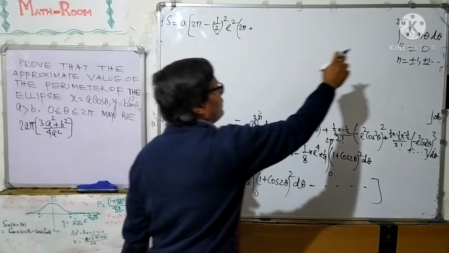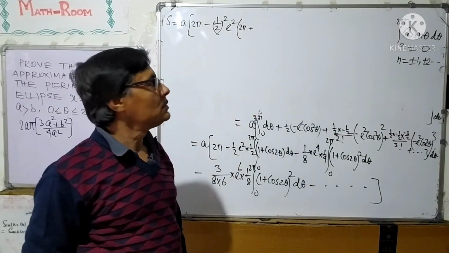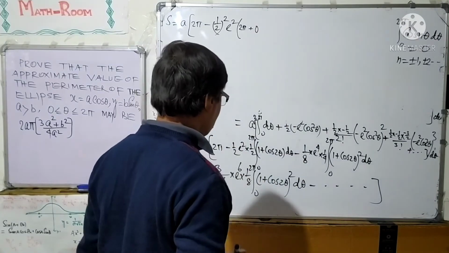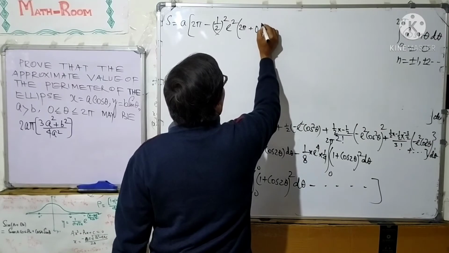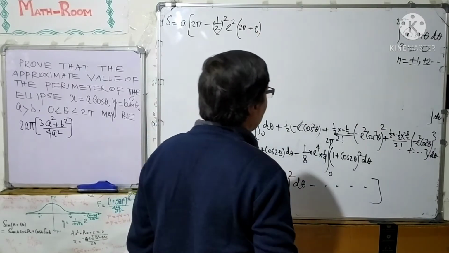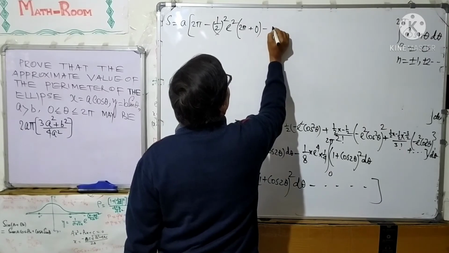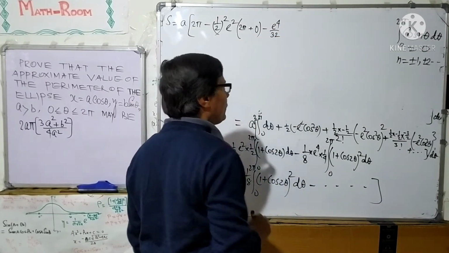This obeys this formula. So, this is 0. The value of this integral is 0, and minus 1 over 8, that is 1 over 32 minus e to the power 4 over 32.